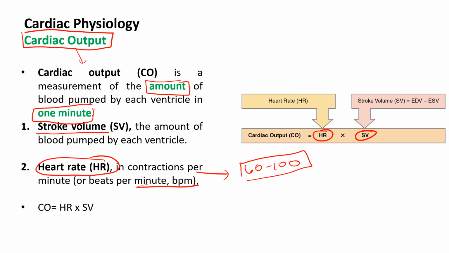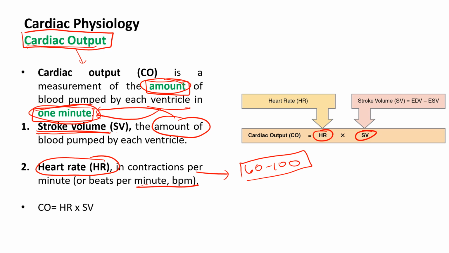So what's the difference between cardiac output and stroke volume? Stroke volume is the amount of blood that the ventricles pump with one contraction, while cardiac output is the whole amount of blood pumped by the ventricles in a whole minute.